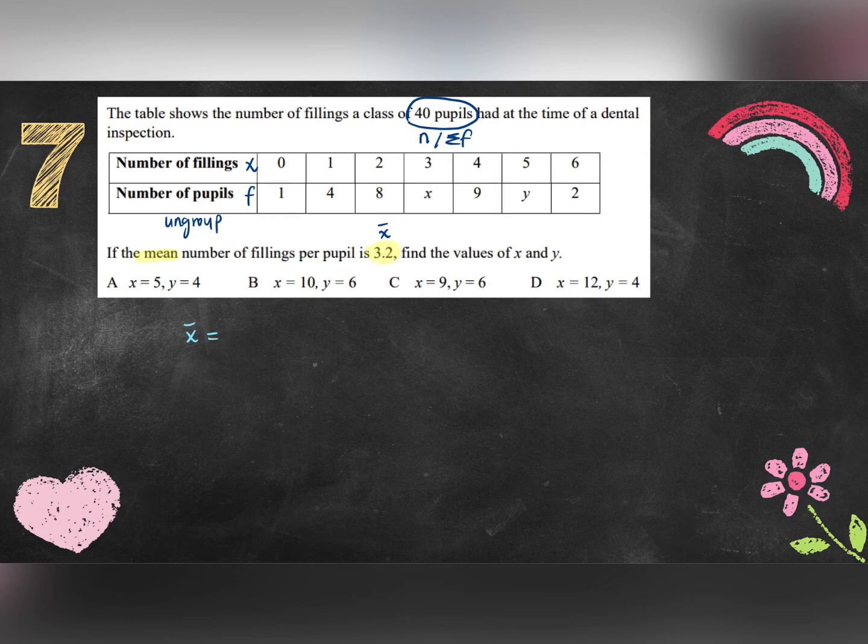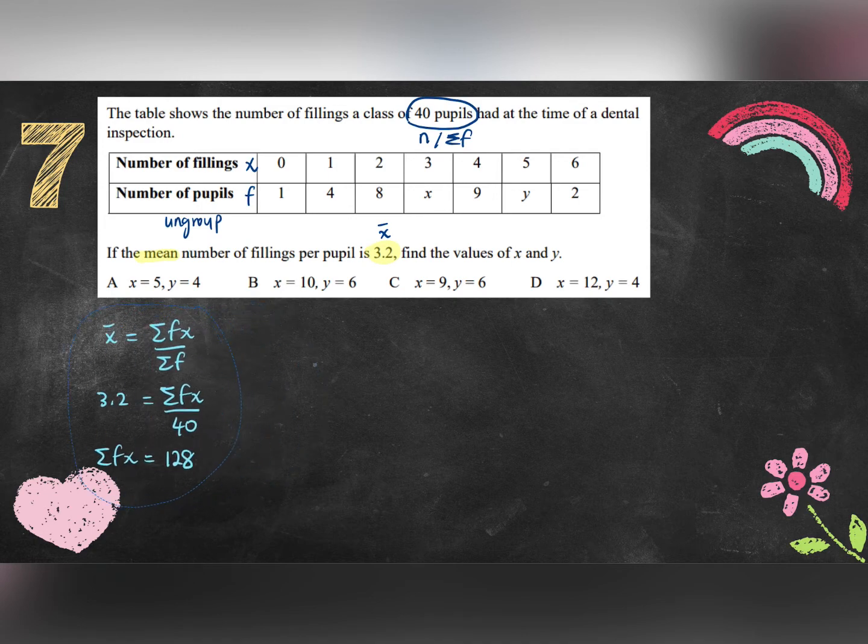X bar sama dengan summation of Fx divided by summation of F. Sebab ni kita ada F dengan X, sebab tu kita gunakan formula group data tu. So 3.2 will be equals to summation of Fx divided by summation of F kita adalah 40. So summation of Fx that we have adalah 40 times by 3.2, I get 128. So ini yang kita dapat.